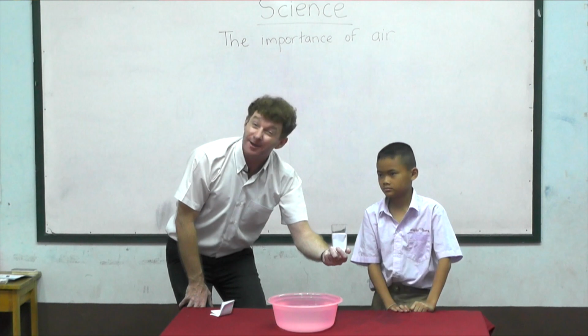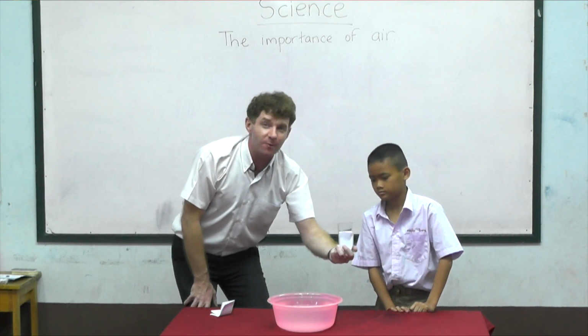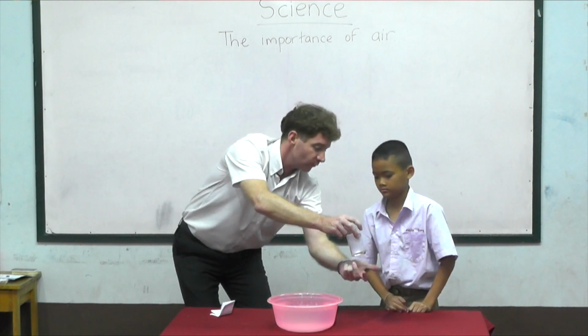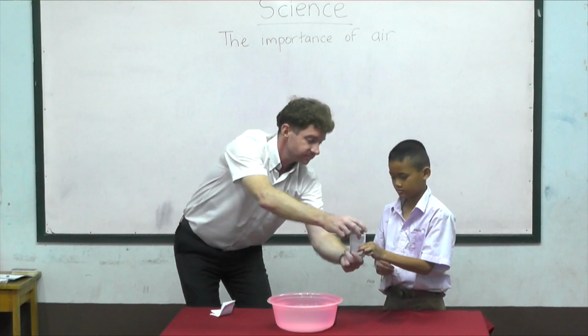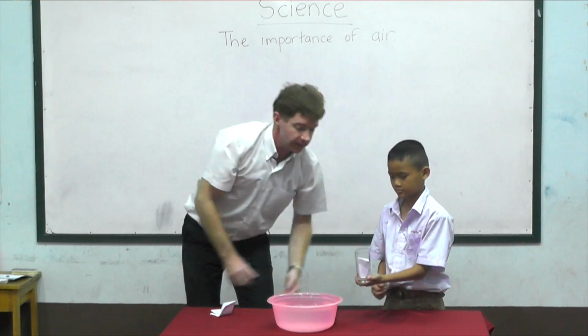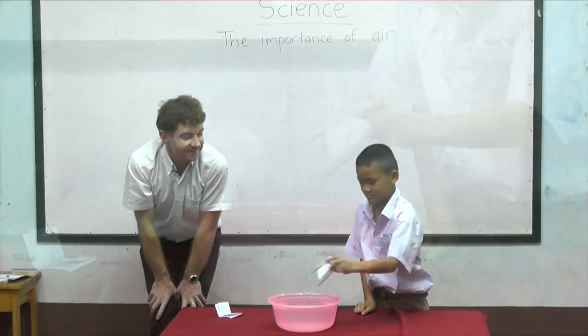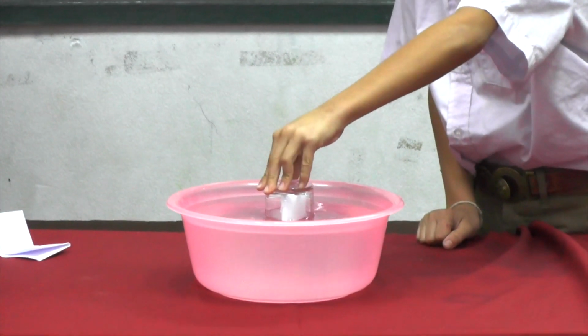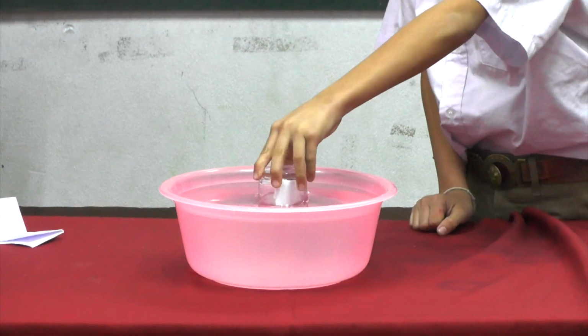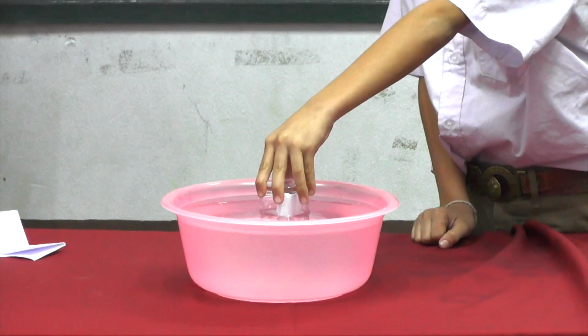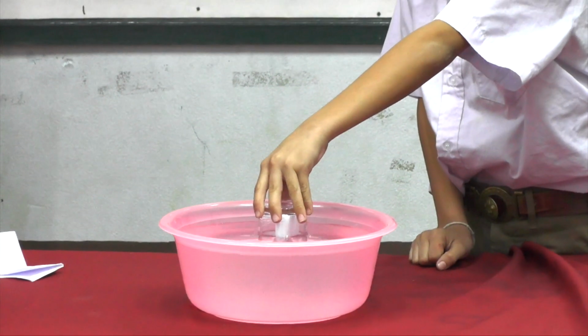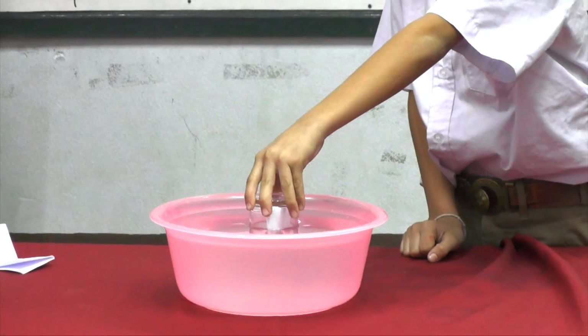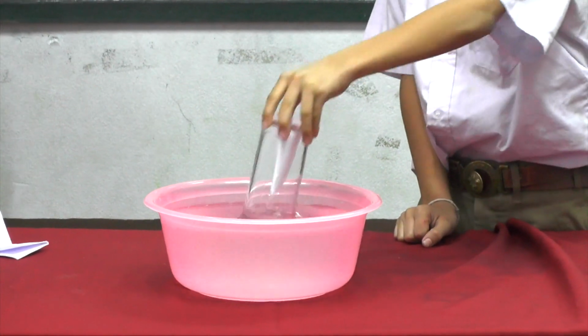And hopefully, if we do it correctly, the paper will not be wet. So there you go, hold it like this. And now, can you place it into the water? Excellent. Okay, let's leave it there. Let's count 5, 4, 3, 2, 1. Okay, let's bring it out.